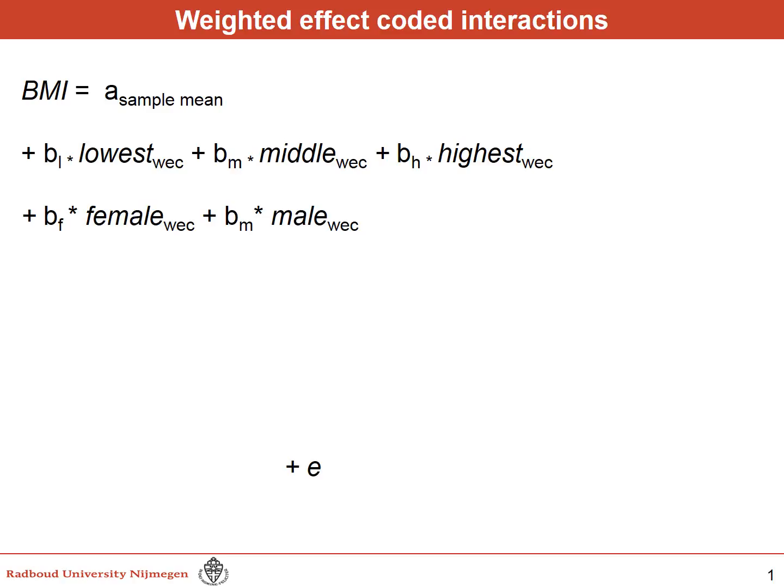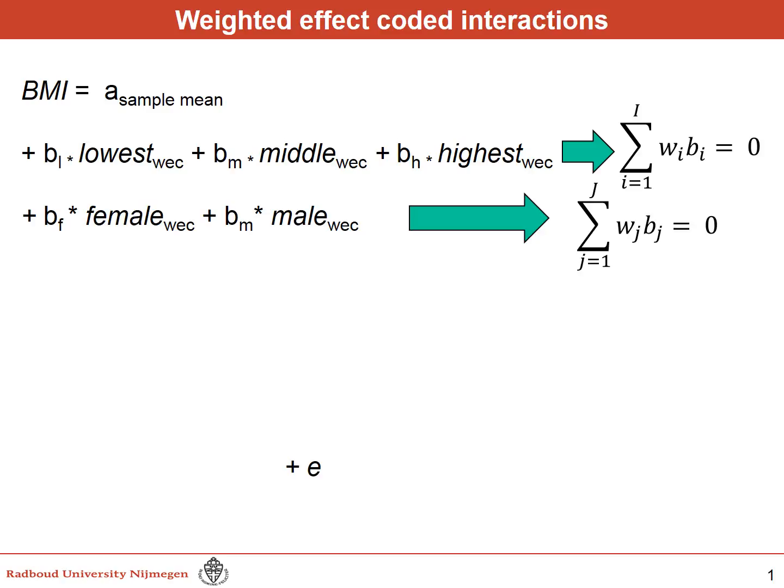To get the estimates, we have to use the weighted effect coded restriction, saying that if we multiply a weight by the B coefficient and sum over the three educational categories, we get zero. So one of the weights is negative, and the other two are positive. As a result, the weighted sum of these B parameters equals zero.